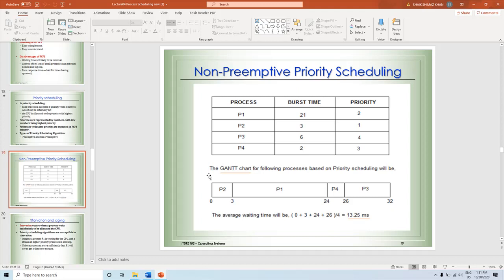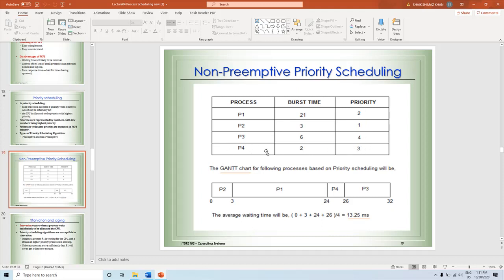Okay, so basically here you can see there is no arrival time. So what it implies is that their arrival time is the same. If no arrival time is given, that means arrival time is the same. So if arrival time is the same, the problem is very simple. Then you have to directly check their priority.